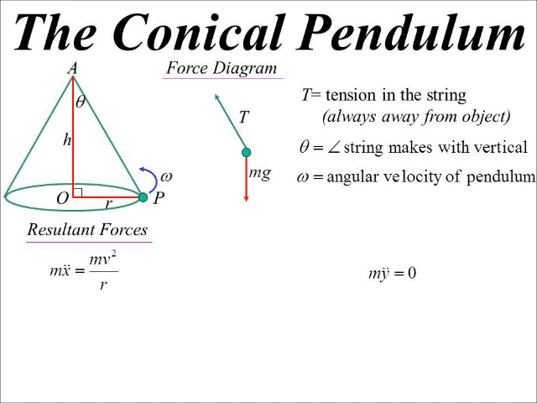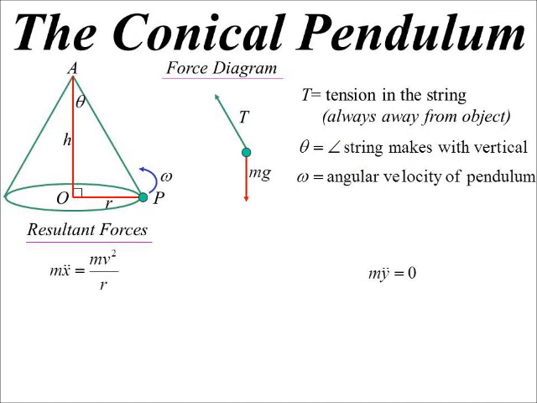If we're talking about constant angular velocity, it should stay level, not moving up and not moving down. So the resultant of all the forces vertically should be zero. Horizontally, we'll have our centripetal force, in terms of linear velocity, mv squared on r. Vertically, we get ma equals zero.